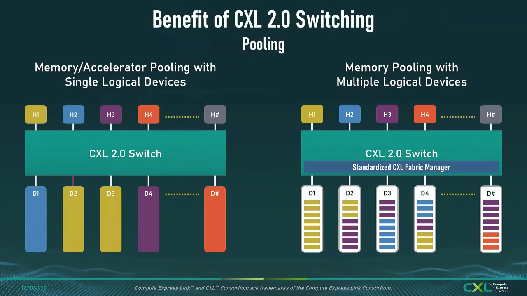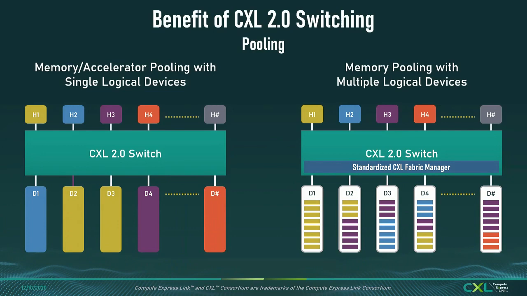On the other side of the switch, what you have is multiple CXL devices, which are represented as D1, D2, D3, D4, etc. And these devices are basically in a pool that can be assigned to any host depending on the need. So at any given instance, for example, you can have multiple permutations of resource assignment.